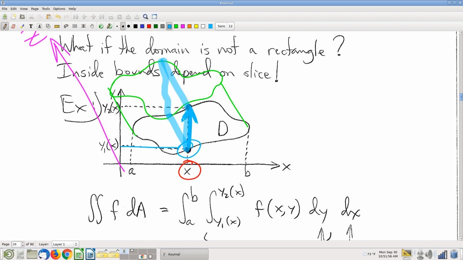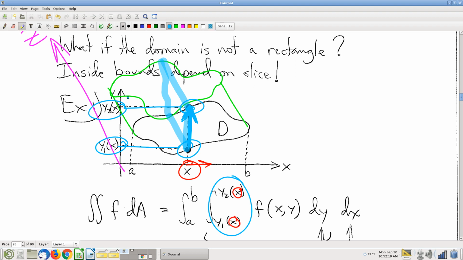There's a starting point. And there's an ending point. And those starting and ending points depend on x. Just imagine as x moves to the right, if x increases, as that x changes, these points move.